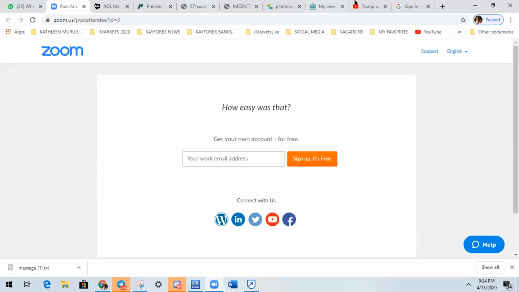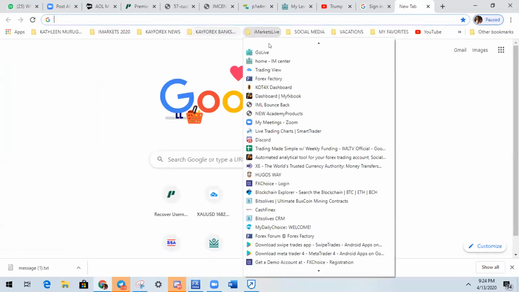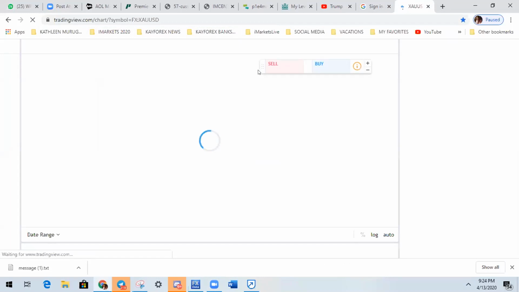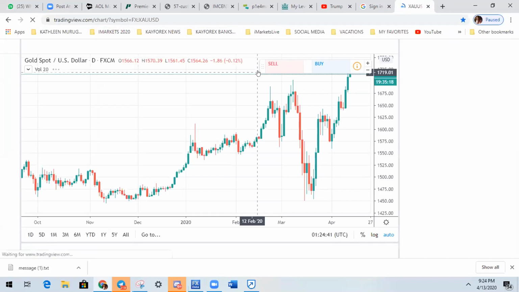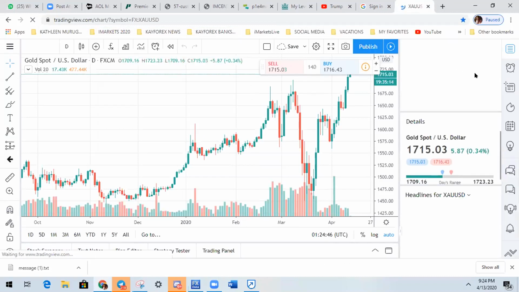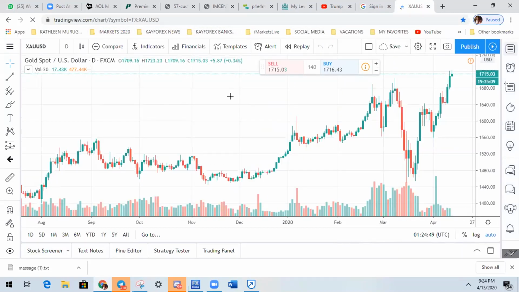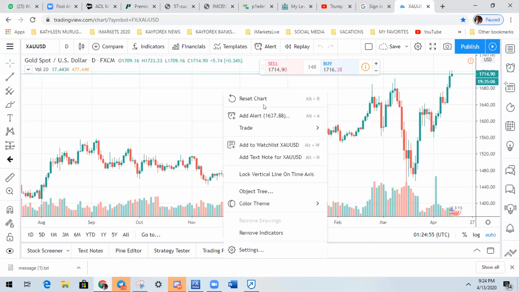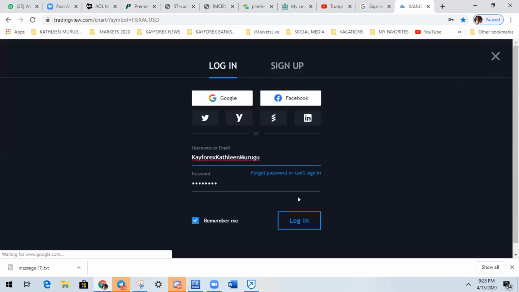Yeah, my TradingView got messed up. I don't even know if I'm logged in.